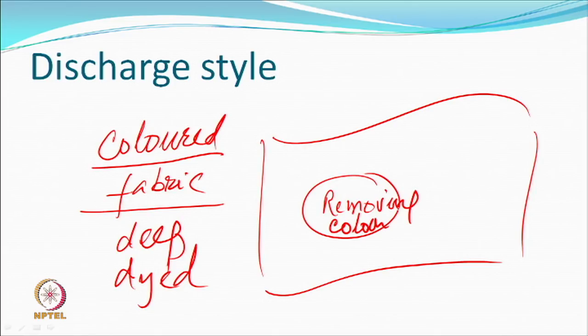If you take a reducing agent, therefore you have to select a dye. Suppose I have dyed black with a wet dye, do the discharge for me. Will you be able to do that? No. Therefore, you get restricted. You get restricted that the dye which has to be discharged must be dischargeable. Only then you can use this style.